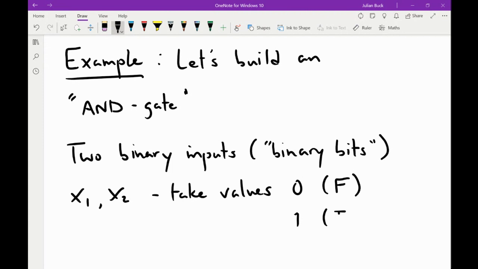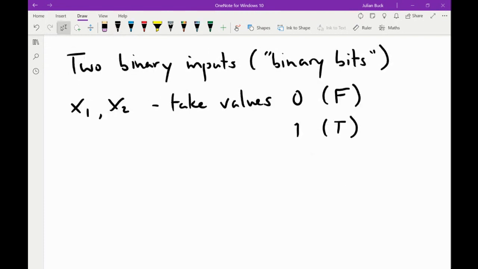So in a logic table or logic circuit, you want to encode combinations of trues and falses, and we encode this numerically using zeros and ones. So here's the corresponding logic table for AND.